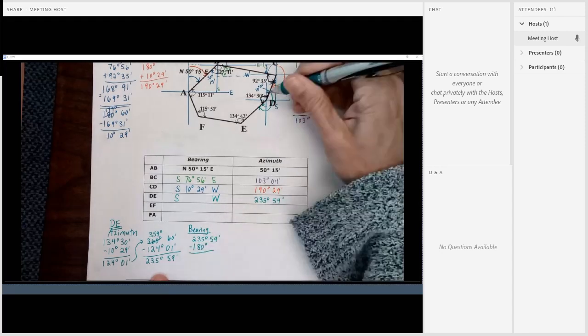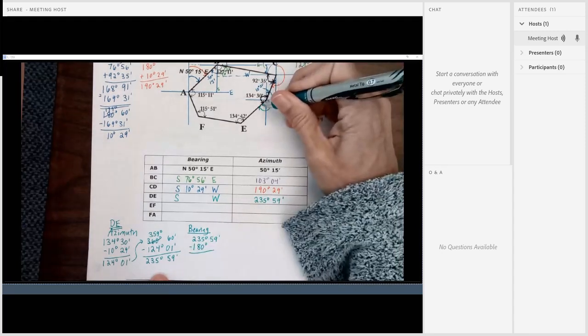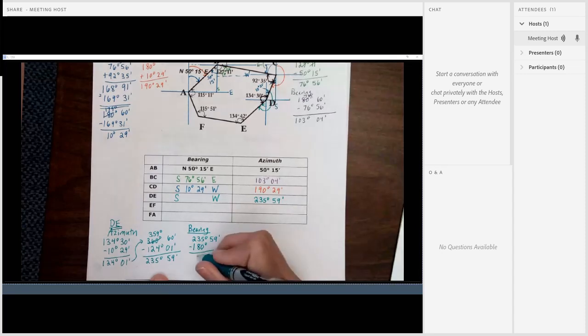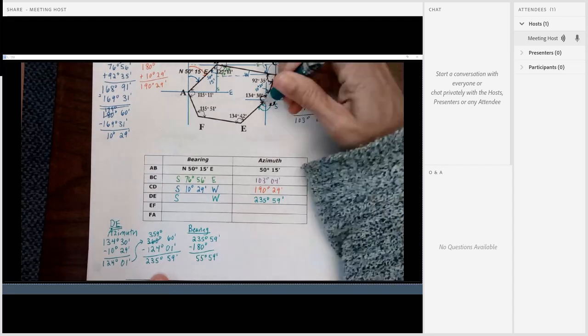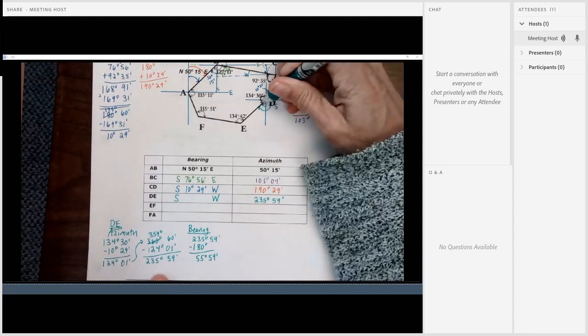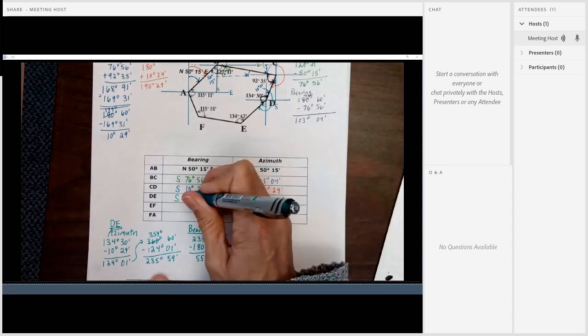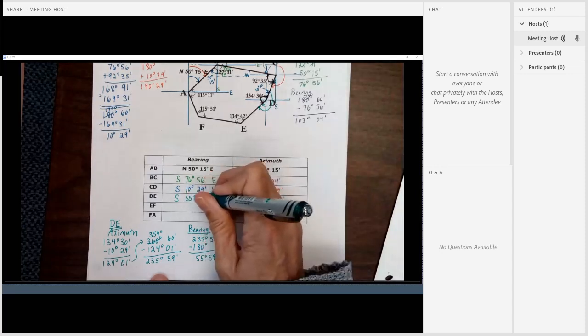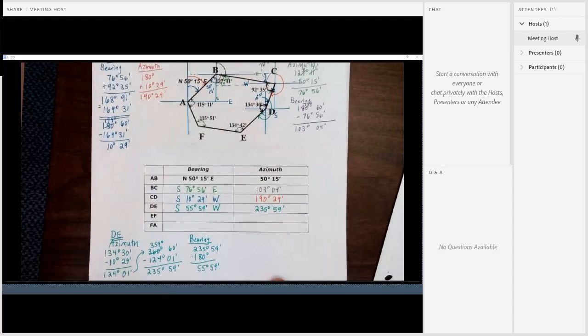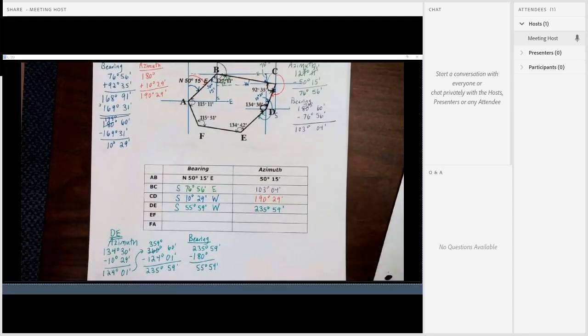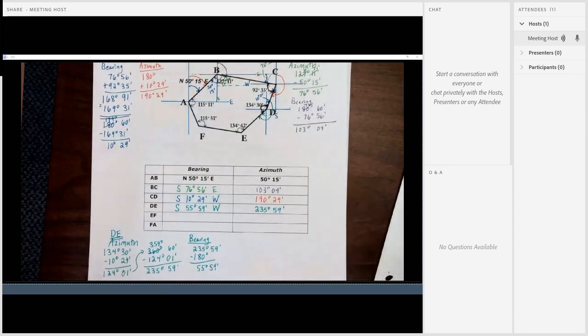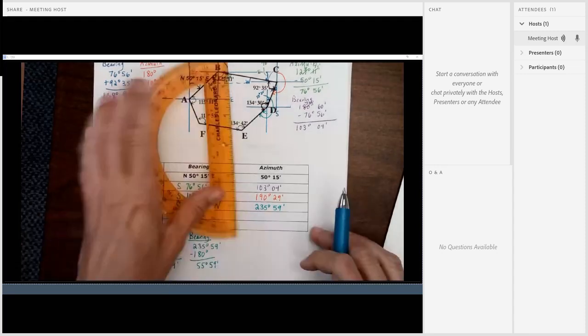Let's kind of subtract off that straight line there, so I'm just left with that smaller piece. And that becomes 55 degrees and 59 minutes. And we had already talked, that's coming from the south, going towards the west. So south 55 degrees, 59 minutes to the west. Again, you could have solved for other angles, put other pieces together, but this is just one approach that I took. All right, let's go on to line EF.